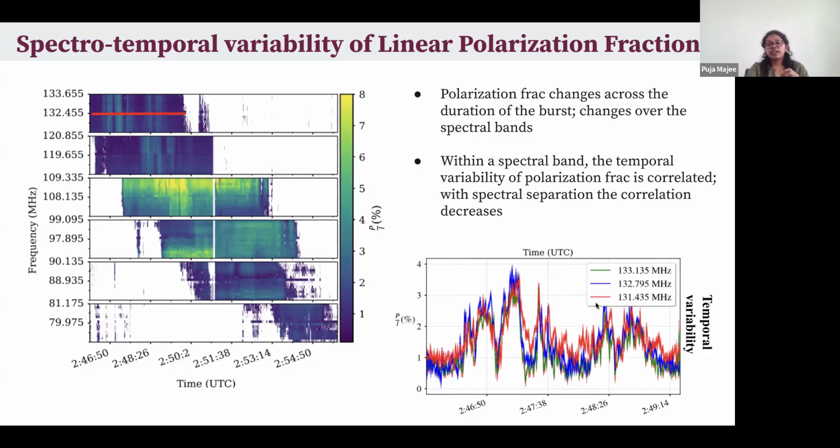Whereas the red line, which is separated in frequency, is no longer tracing the other two lines. Which means that as you increase the frequency separation, the temporal variability of each of these frequencies is changing.